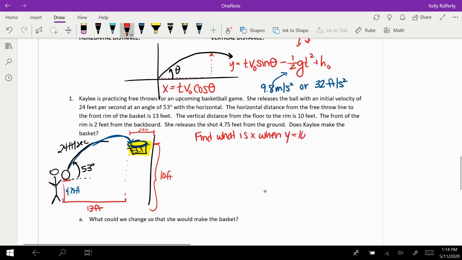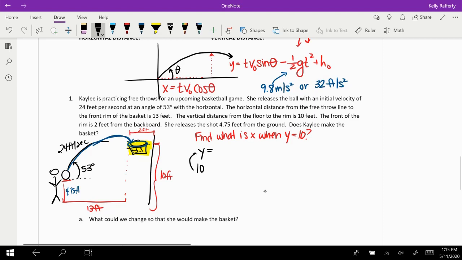I'm going to find X when Y equals 10. You can use your calculator for this, but we have equations. If you want to start with X and figure out Y, you could do that too. I'm going to use the Y equals equation. I'll put 10 in there and fill in everything else.